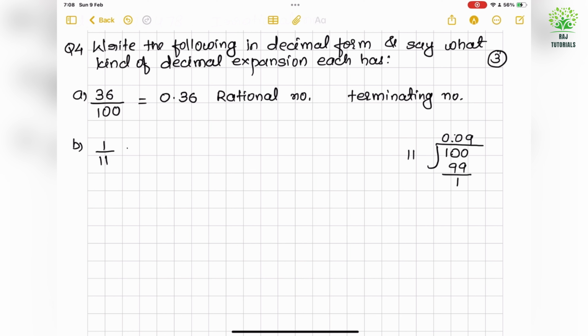So again 2 zeros, so 1 0 here. Again 99, so 1. So that means this is repeating continuously. So I can say 0.090909 dot dot dot, or I can say 0.09 with a bar, and it will be a repeating number.